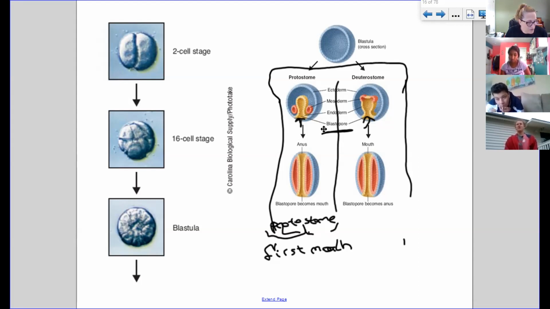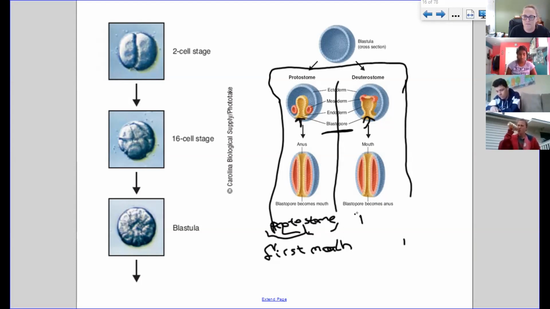Do you think you're a protostome or deuterostome? Do you think your mouth formed first or your anus formed first? Hilaria, you think your anus? You are correct. You all are a deuterostome.